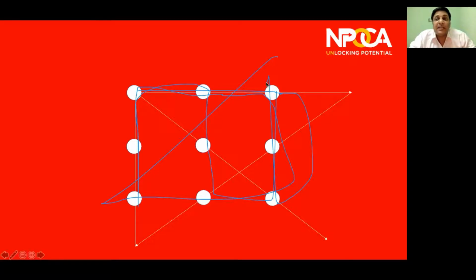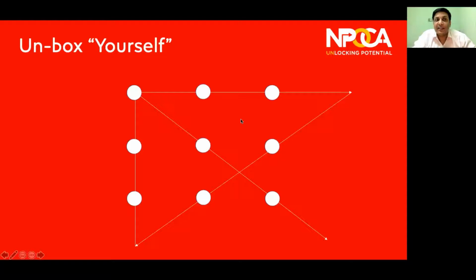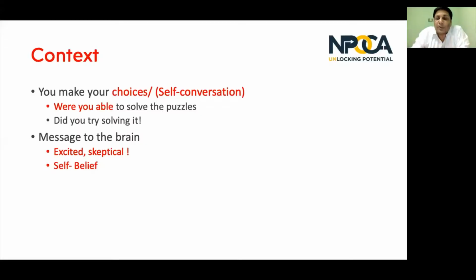We conditioned ourselves, we constrained ourselves in those four lines. And what you needed to do was to go beyond. And that's what I mean when I say, unbox yourself.